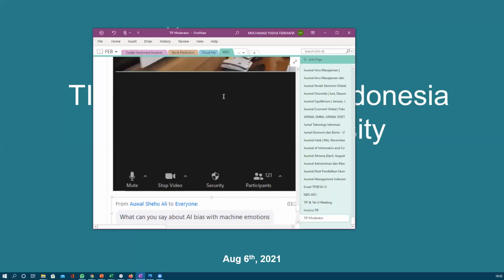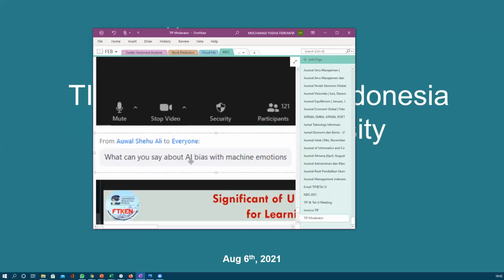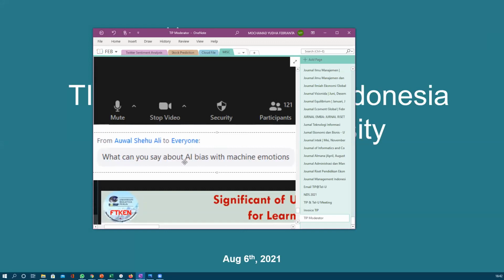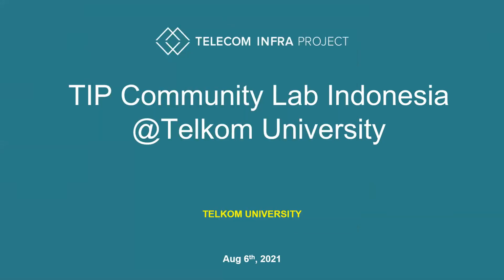Is this the question? So what can you say about AI bias with machine emotions? It is a little bit confusing. I think you have to allow the mic.